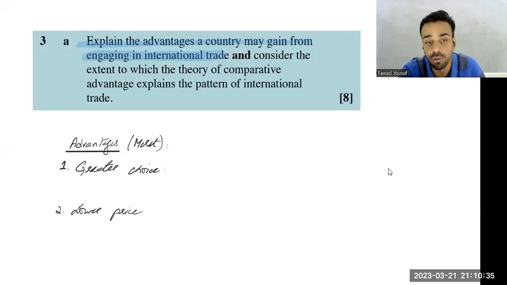Now, what's the explanation behind it? The explanation would be that some countries make certain goods of better quality, as well as they have better labor and capital, which enables them to produce at lower cost, right?